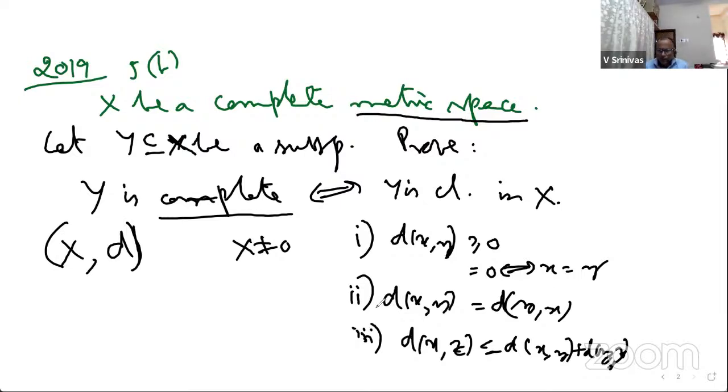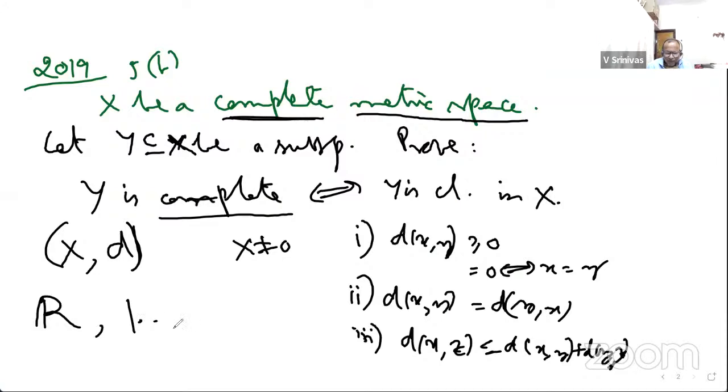Now, what do you mean by completeness? Anybody? When can you say a metric space X is complete? The set of real numbers under the modulus metric is complete.